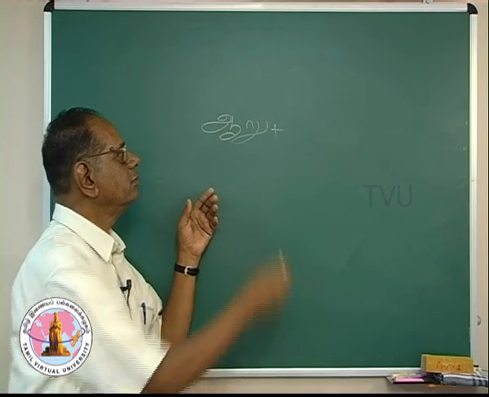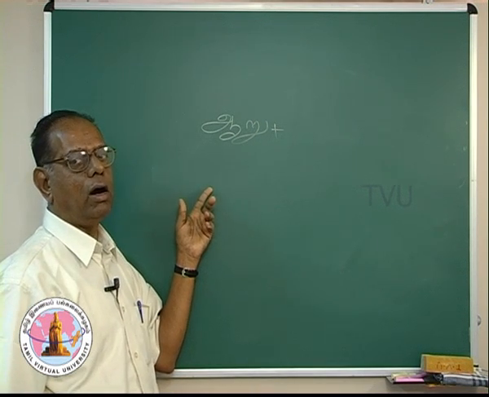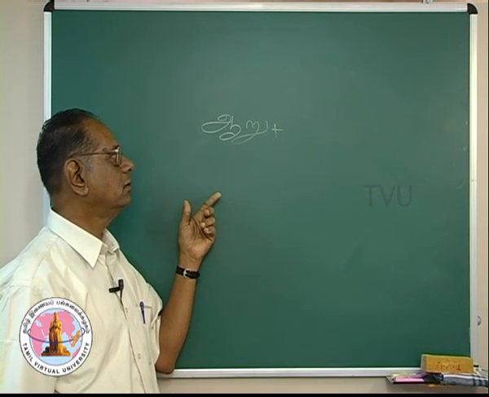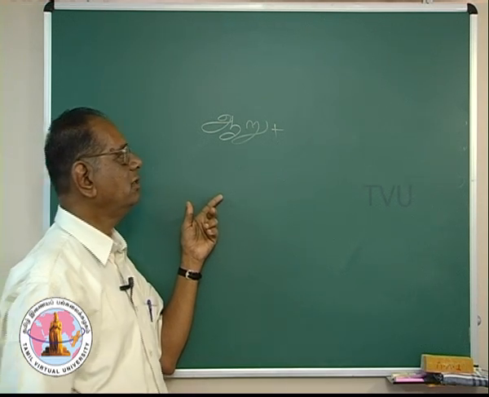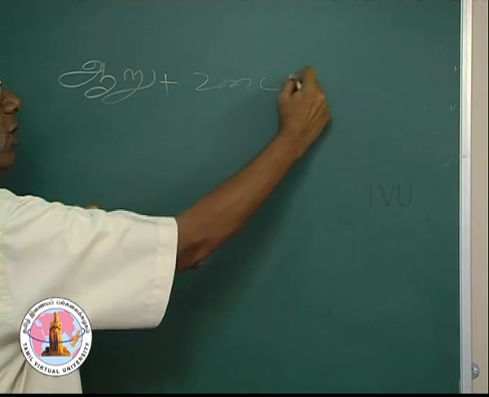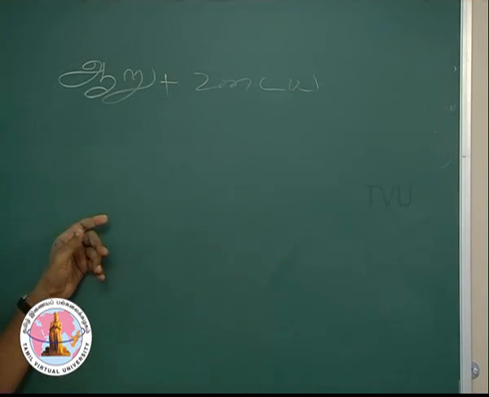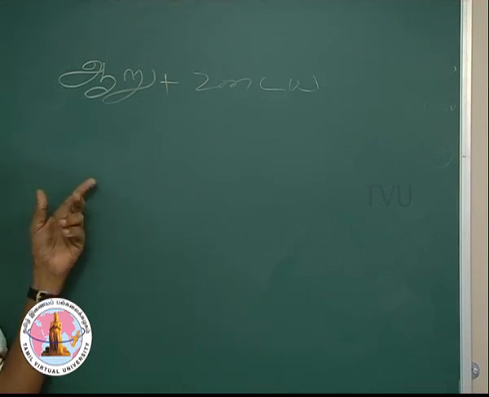What is this? Aru. You know it. You know the meaning also. Aru is a river. You add this. What will happen? Whatever happened to Kadu, Nadu and Vidu will happen to this.